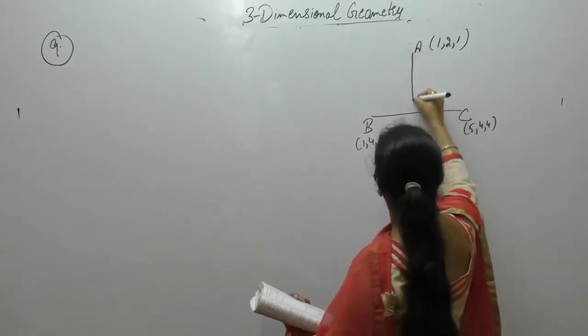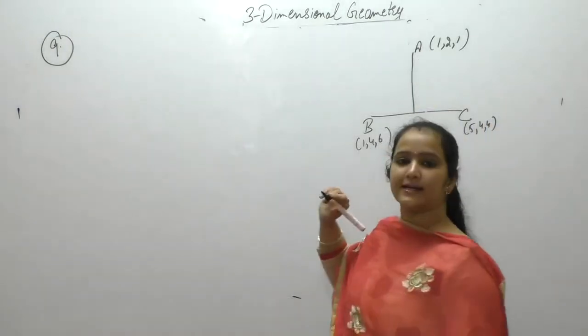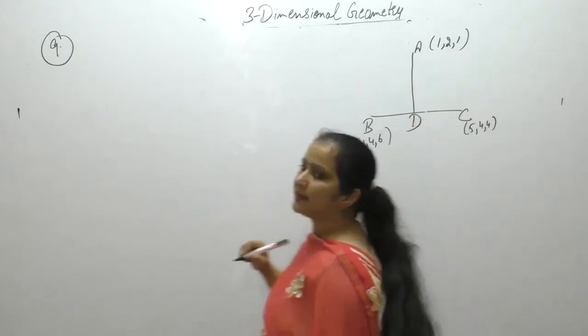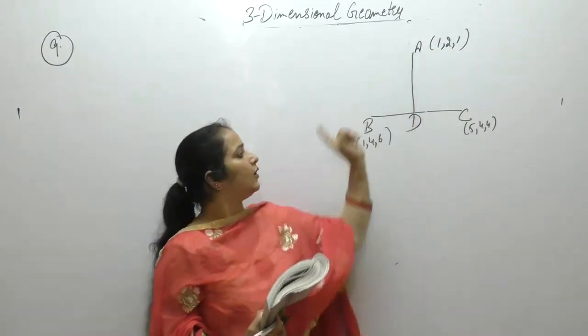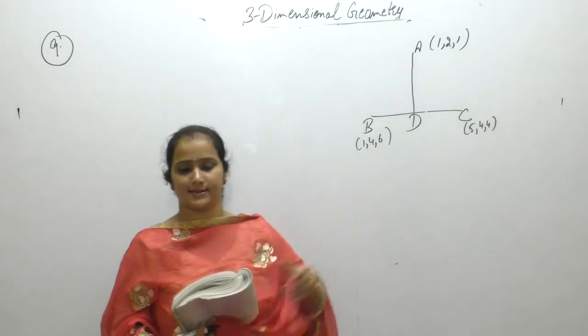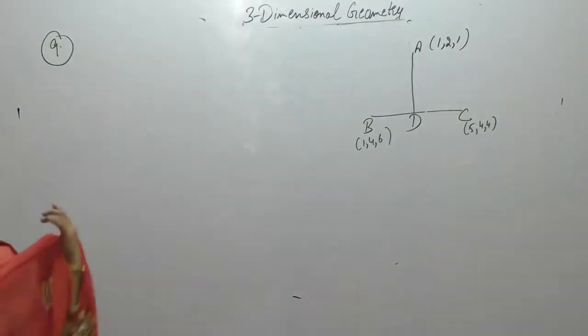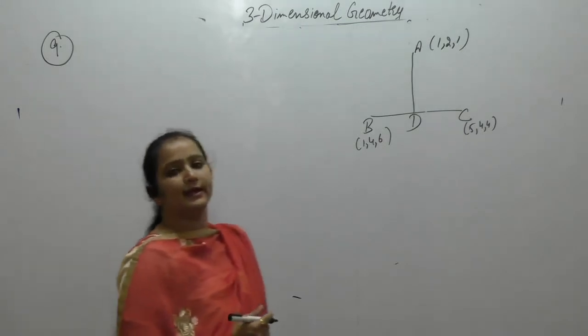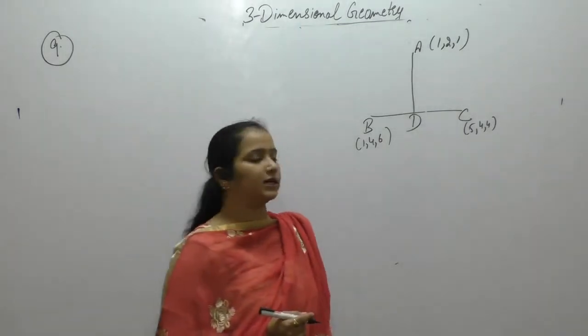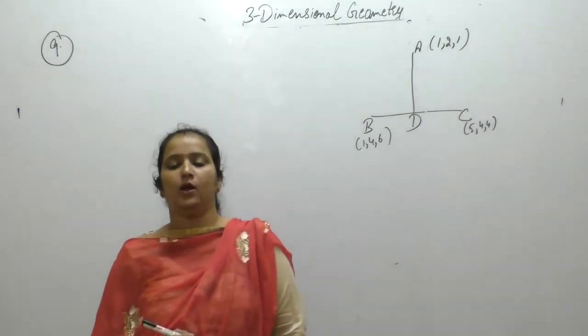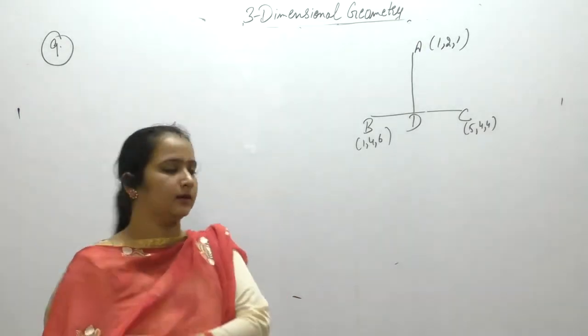We want to find the coordinates of foot of perpendicular drawn from the point A on line joining B and C. Write down, let D be the foot of perpendicular drawn from A on BC.